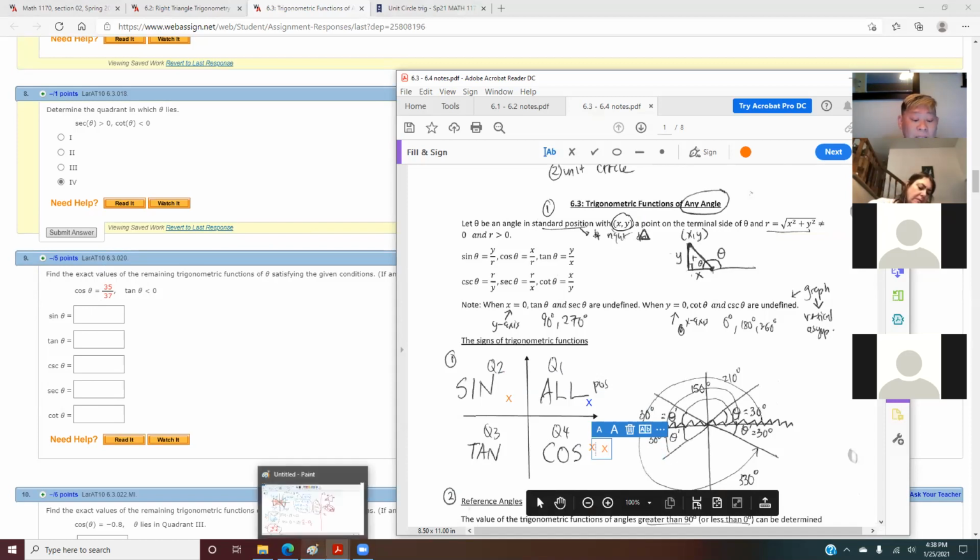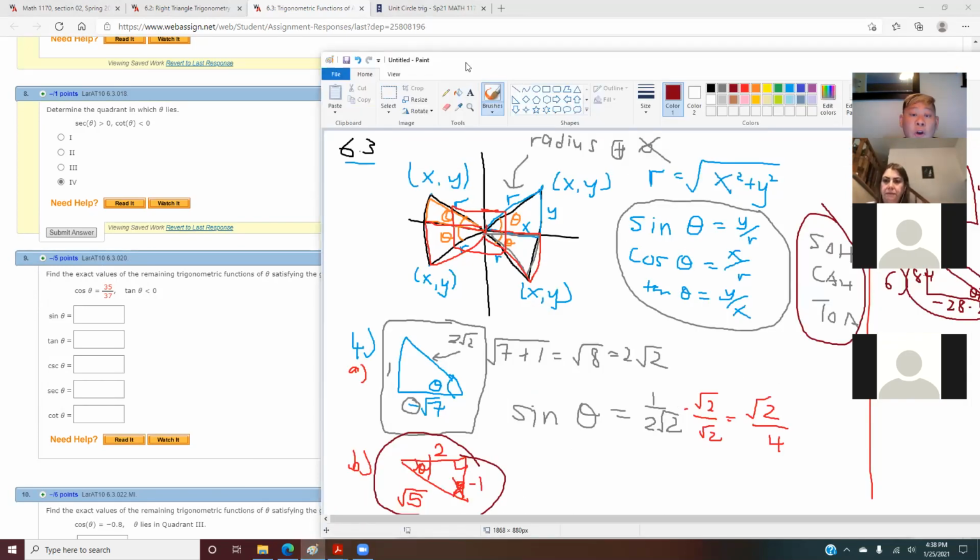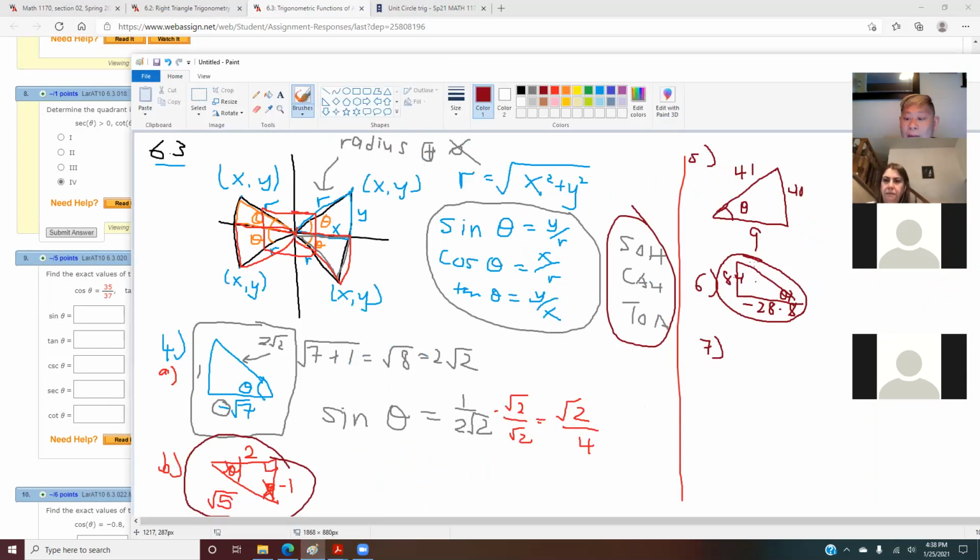And once we know this is in quadrant 4, your triangle will look something like the quadrant 4 triangle, which is the red one. So this is for question 9. This is in quadrant 4, and then you can use your SOHCAHTOA to do it.